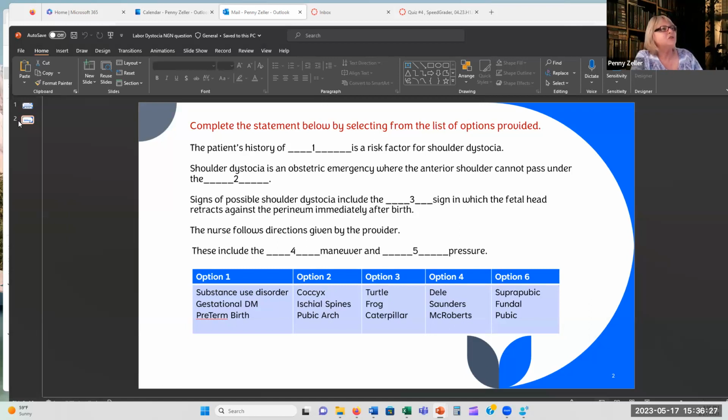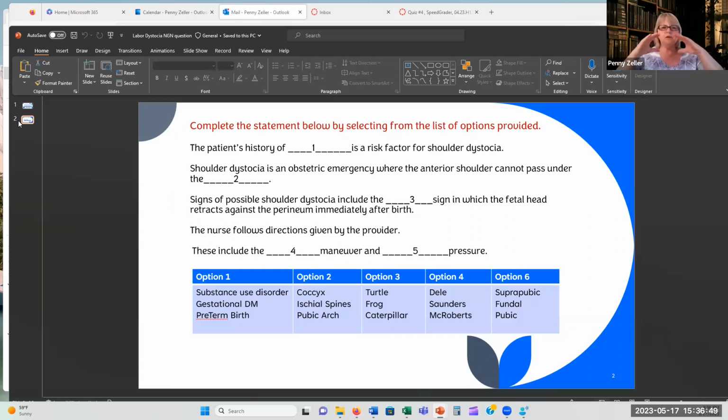Shoulder dystocia is an obstetric emergency. The anterior shoulder of the fetus cannot pass under what? The pubic arch. Yeah, the pubic arch.